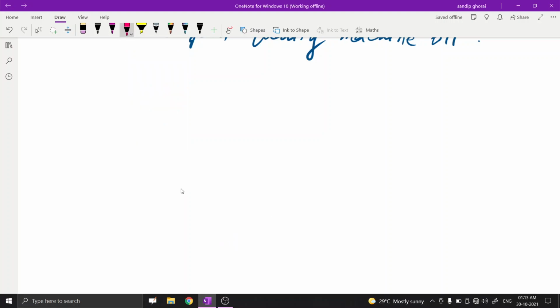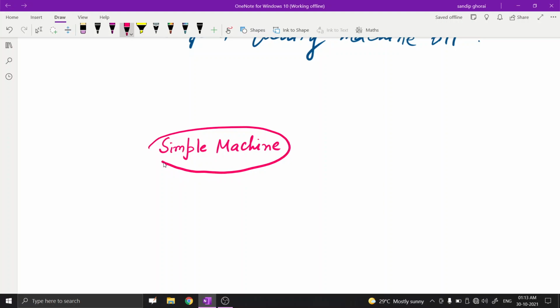At first you have to know what is a simple machine. Now there are several types of simple machines we already discussed; there are a total of 6 types of machines.